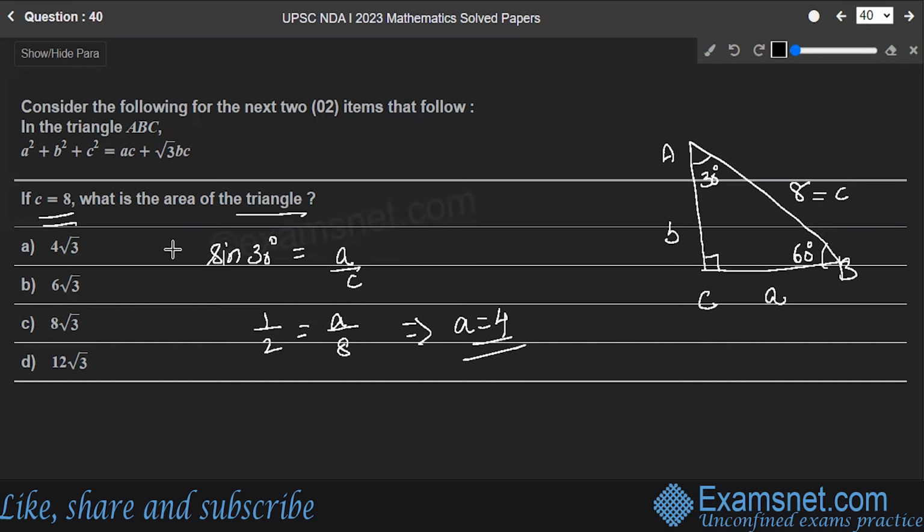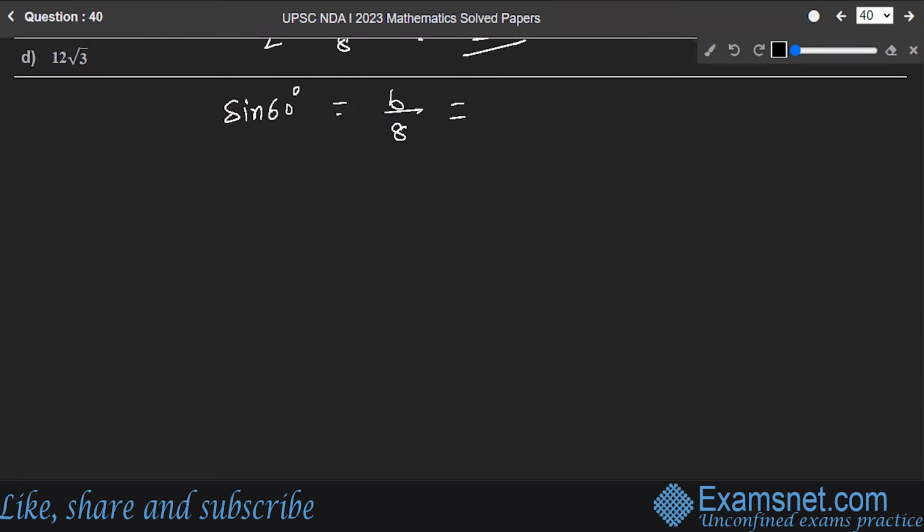Now, area of the triangle. For area of the triangle, you need B also. That means sine 60 also. Sine 60 will be given by B upon 8, that is C. Sine 60 is equal to root 3 by 2, which is equal to B upon 8. So B comes out to be 4 root 3. Correct?